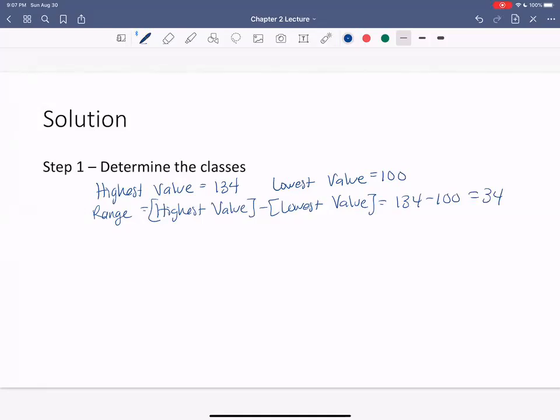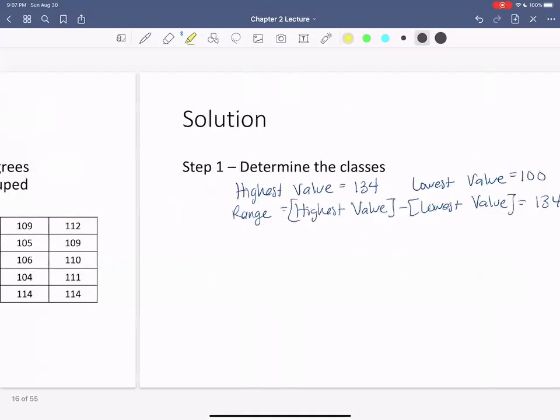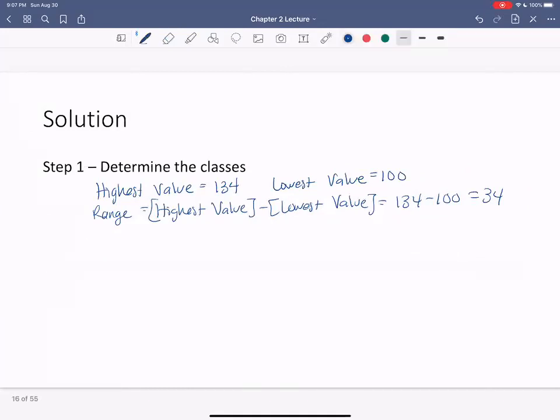And here in the example, I said I want 7 classes. So there's 7 classes you're going to be using. We're just going to state it so we remember. And then now we find the width of the classes. How we do that is we take the range divided by the number of classes.